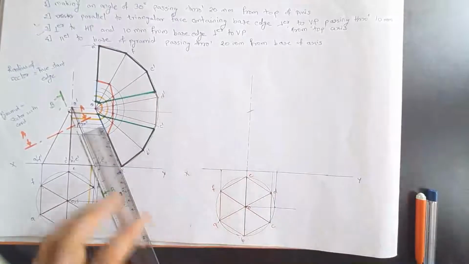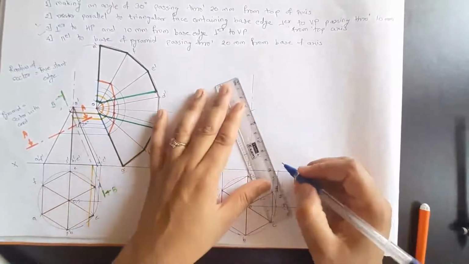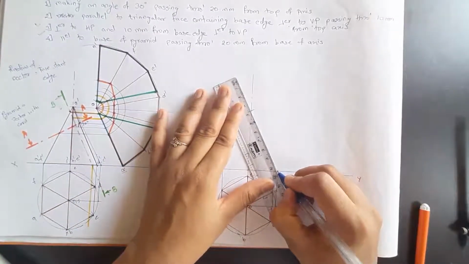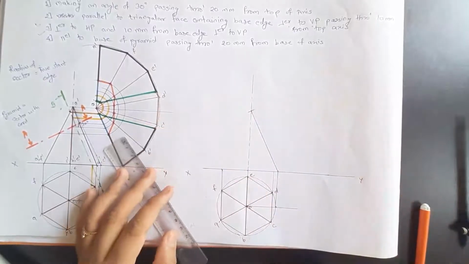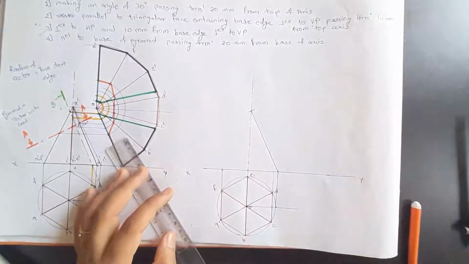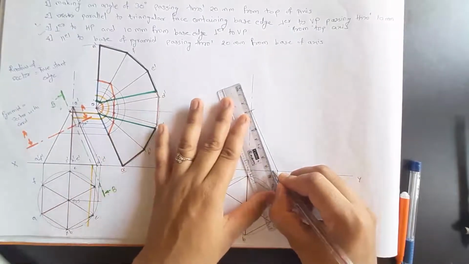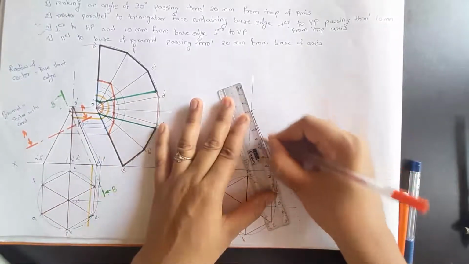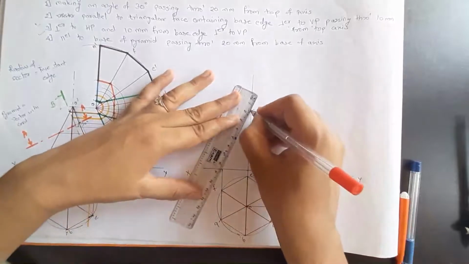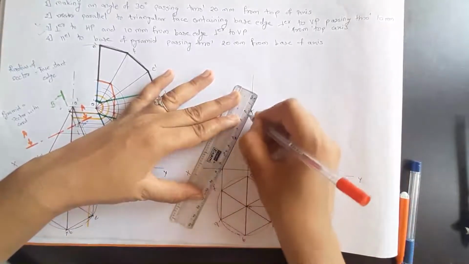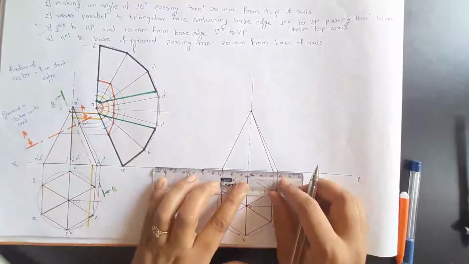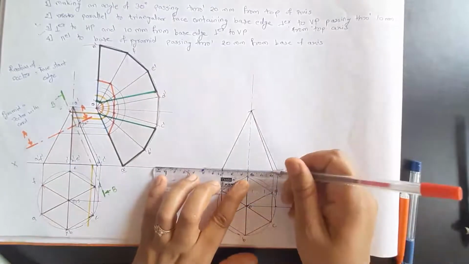Now this is the slant height which we have marked. So this is the true slant height. Now once you have got the true slant height, join the base corners to the apex in a front view, so that we will get the complete front view.